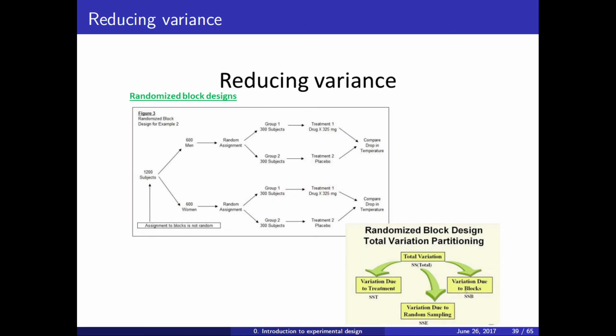Okay, so to reduce the variance, we have already seen one of the most important tools, that is block designs or randomized block designs. You try to identify variables that could affect your results, and then you make homogeneous groups within those groups. For instance, here it was sex, so you have homogeneous groups of men, homogeneous groups of women, and then you randomly assign each one of the treatments.